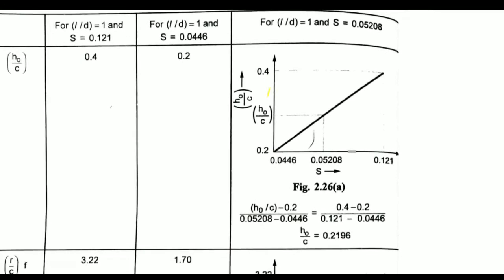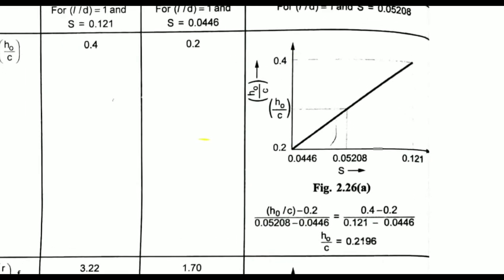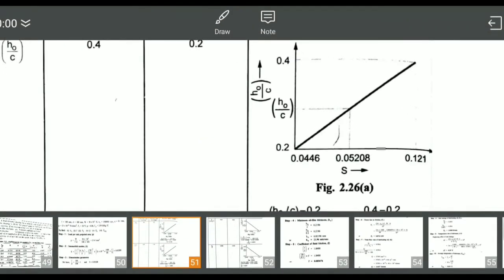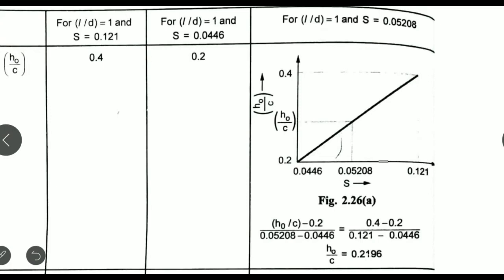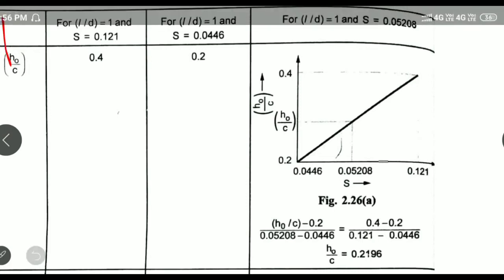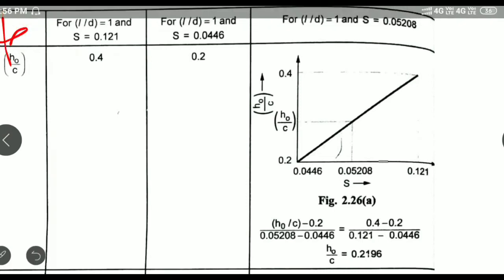The first column is the parameter I need to calculate, and that parameter I should write in the first column, correct? This we call the parameter column. Second column will be the upper limit of 2 rows.